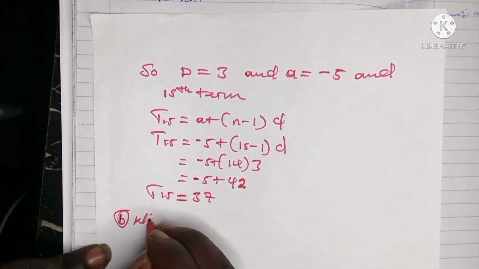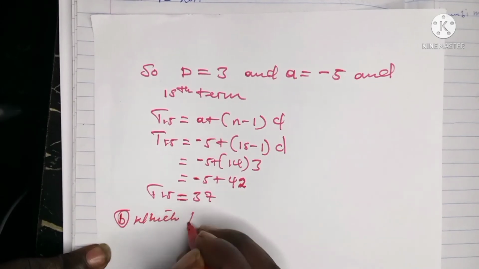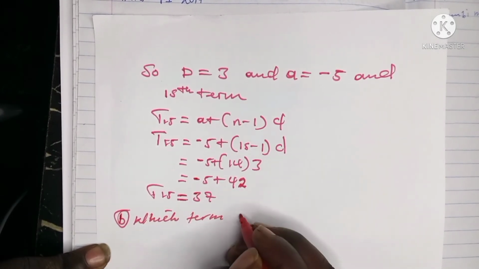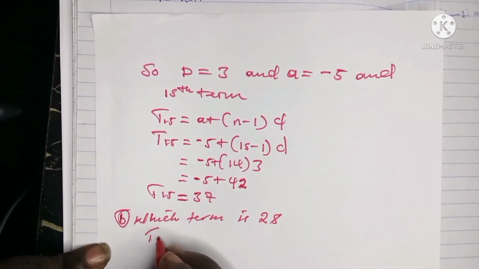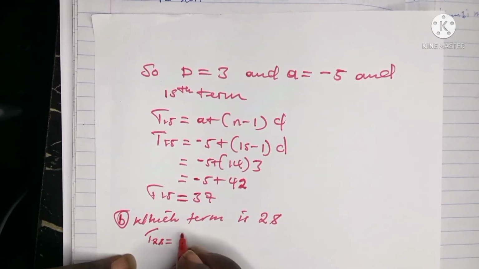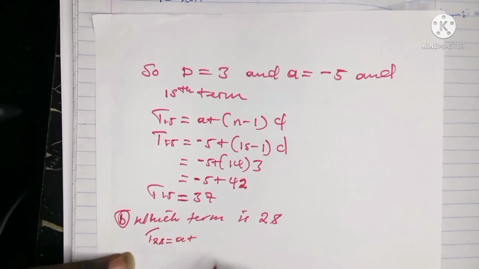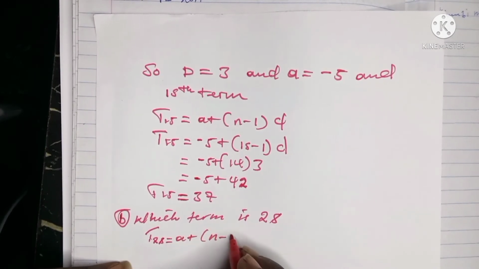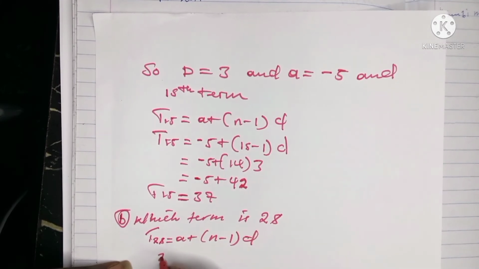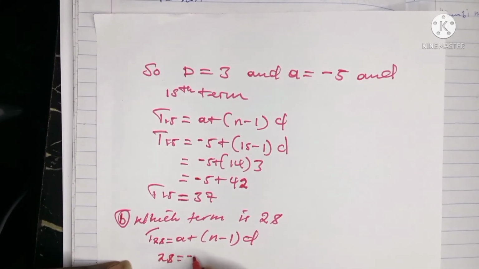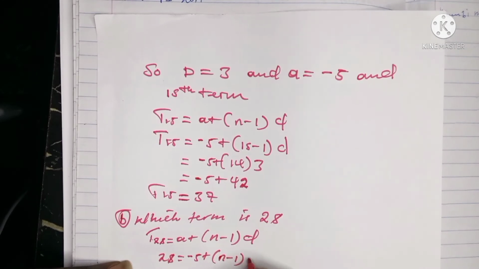Then B, which term is 28. So T28 equals A plus open bracket n minus 1 close D. 28 equals minus 5 plus open n minus 1 close 3.